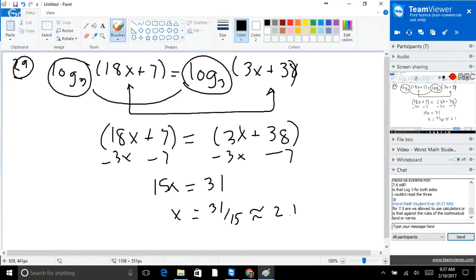In 7.5, are we allowed to use calculators? Well, let me first check, in 7.6, is this set of problems okay?